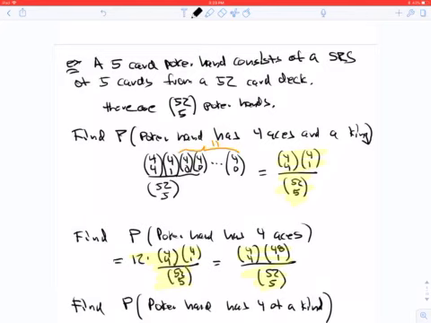So the probability of a poker hand having 4 aces and a king, by the multivariate hypergeometric, would be, of my 52, remember that I have 13 different ranks, each with 4 cards. So I have 4 out of 4 aces.